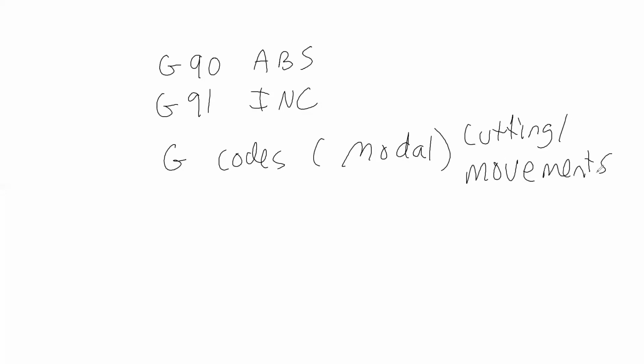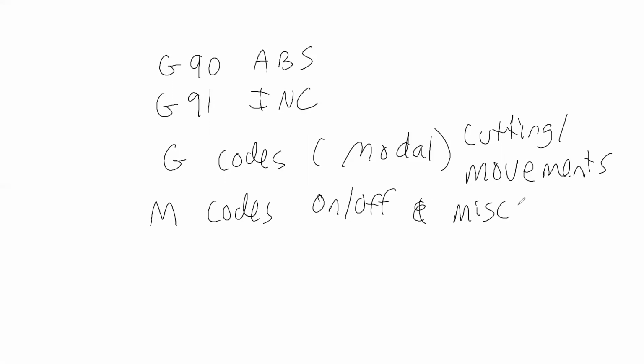And then we went over M codes, which are going to be on, off, miscellaneous functions. Okay, so this is going to wrap up this second video. These are the points that we covered in video 1. This is video 2.